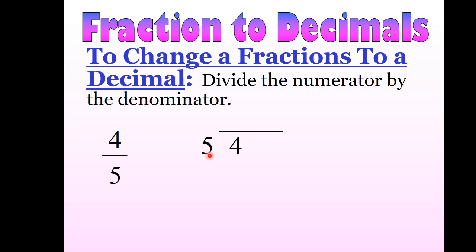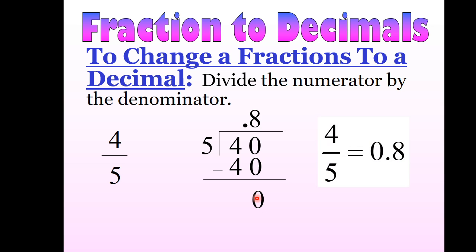We can't solve this right away because you cannot divide 4 by 5. So what we'll do is add a 0 and put a decimal point on top. And we'll put 8 because 8 times 5 is 40, and that gives us a 0. So we know for a fact that this is a terminating decimal.